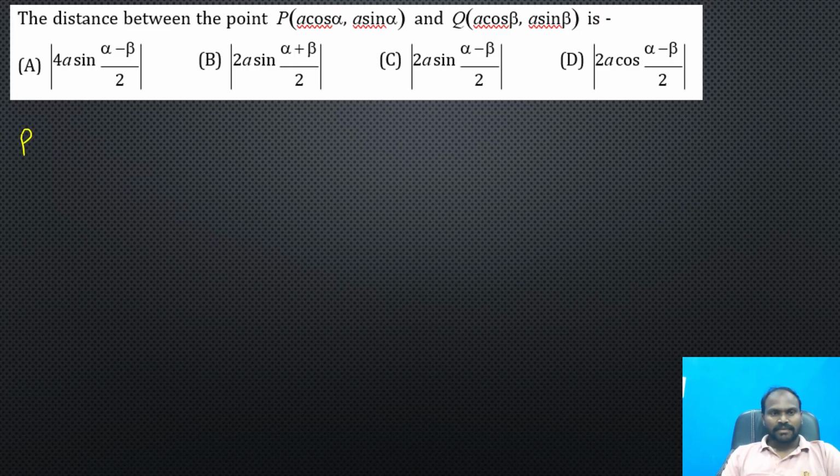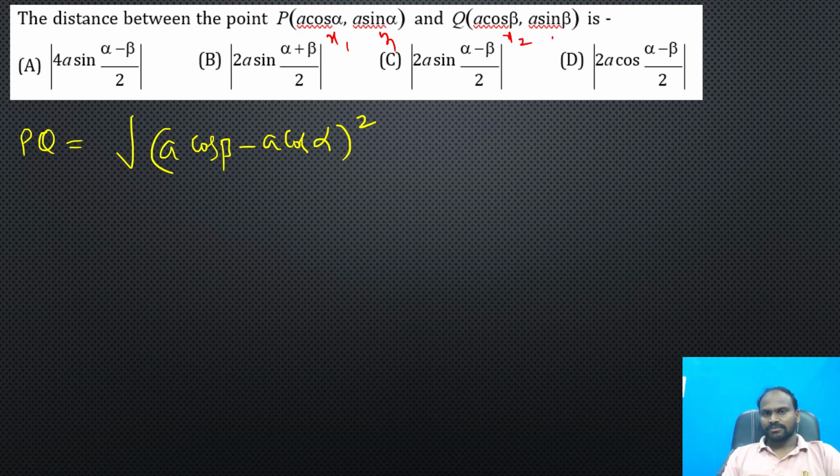So PQ, they are asking us to find. So (A cos beta minus A cos alpha) whole square, because (x2 minus x1) whole square. This is x1, y1 and this is x2, y2. Plus (y2 minus y1) whole square, so (A sin beta minus A sin alpha) whole square.